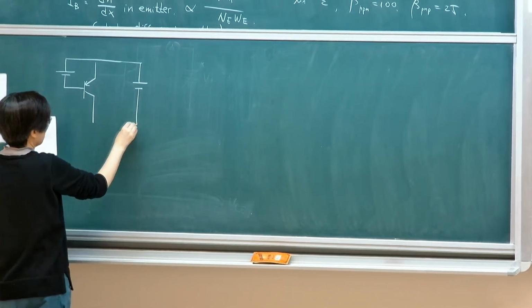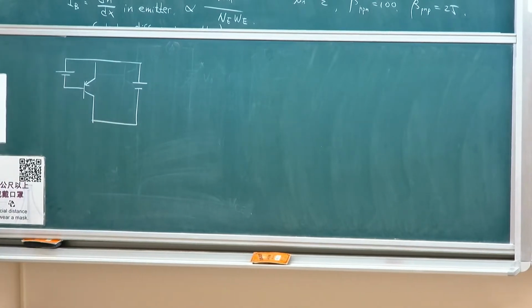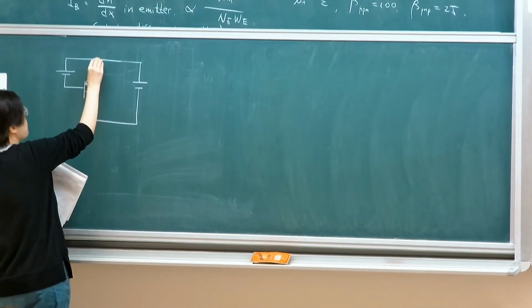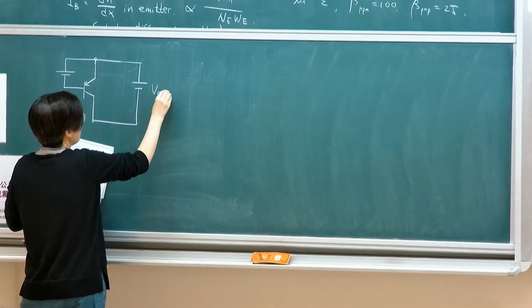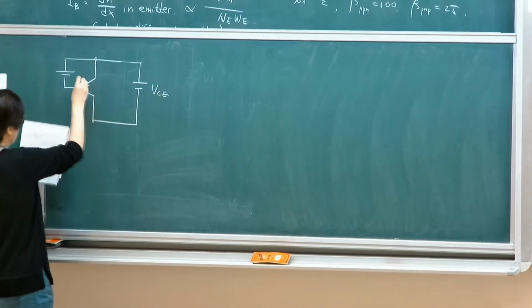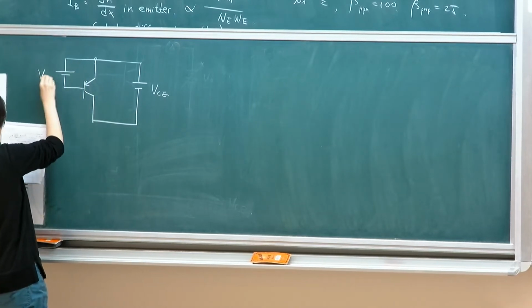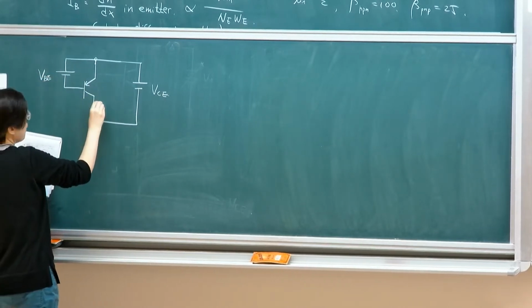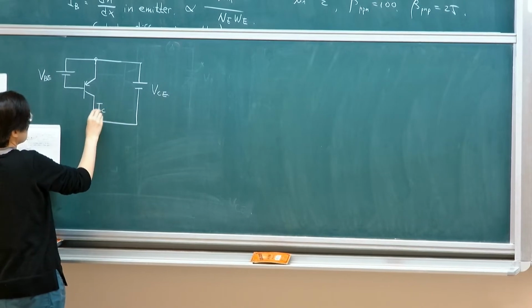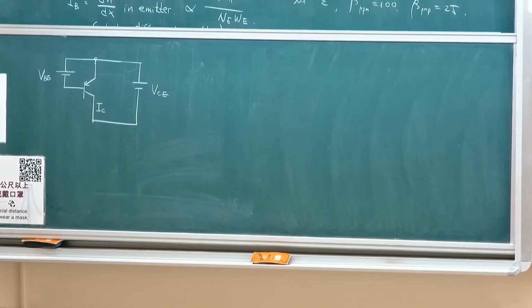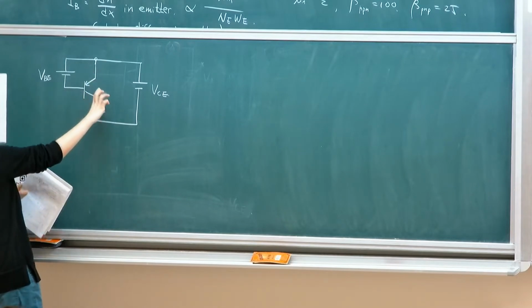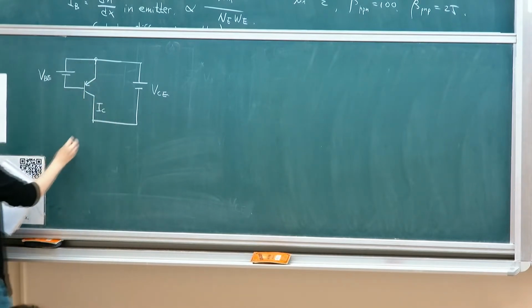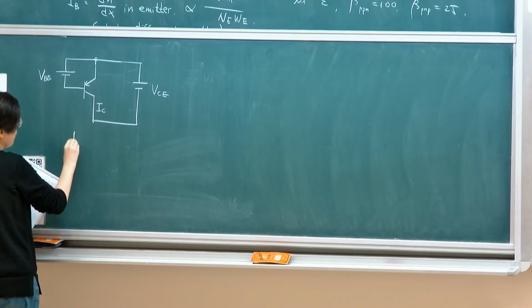And this is typically how you operate as a common emitter, because this will be at a high voltage. This will be VCE. This will be your VBE. And this is my collector current, which will still be my output current. So this is when I forward bias this junction and reverse bias this junction. This is for a PNP.